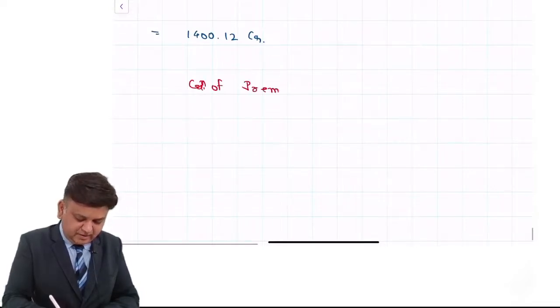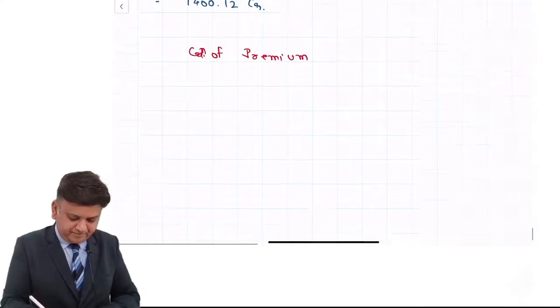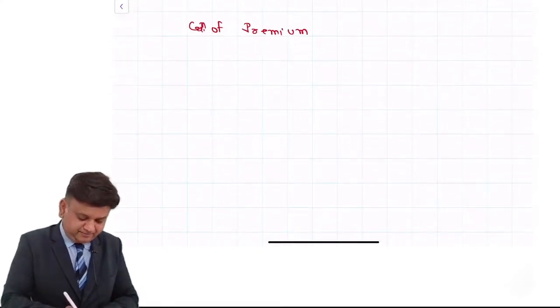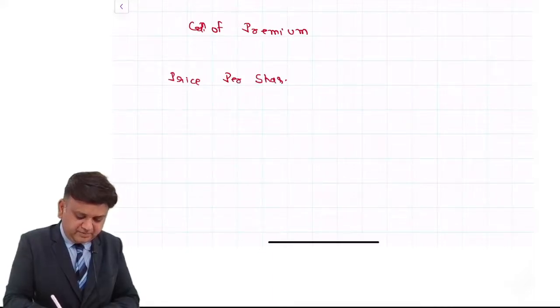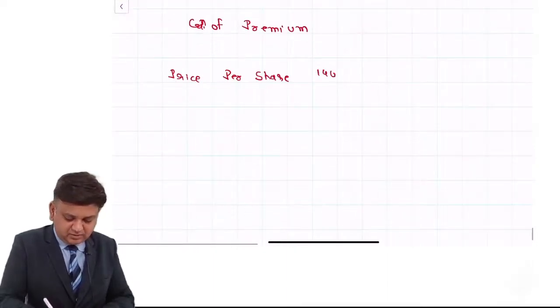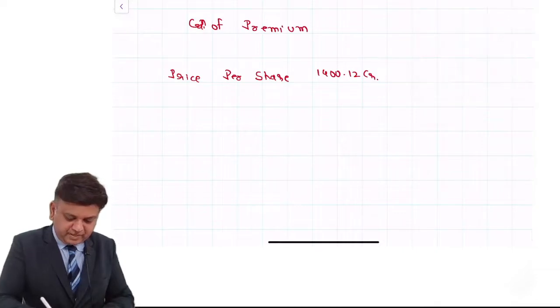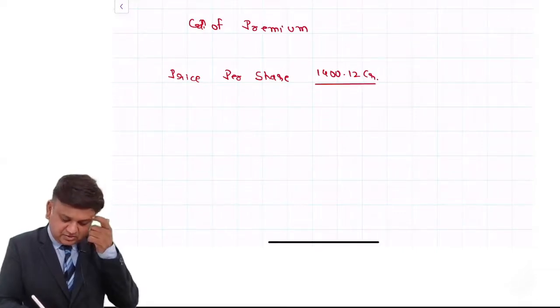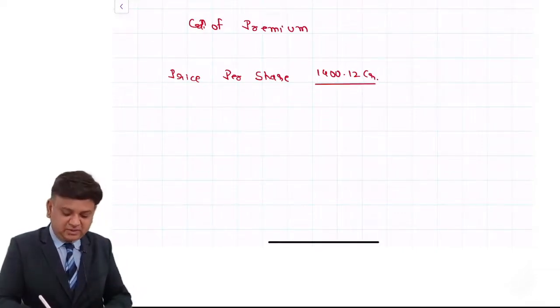Right? Calculation of premium. So in that, price per share is 1400.12 crore divided by number of equity shares. Number of equity shares is 12.5 crore.